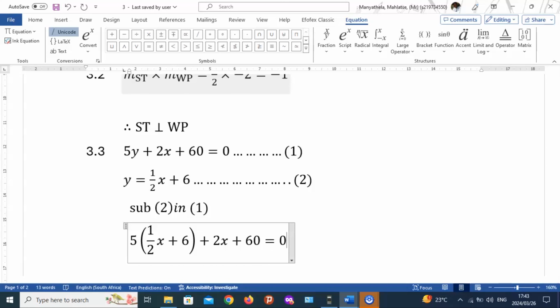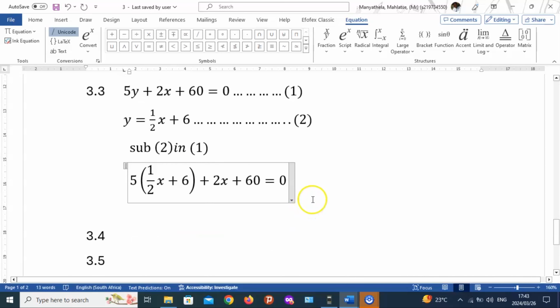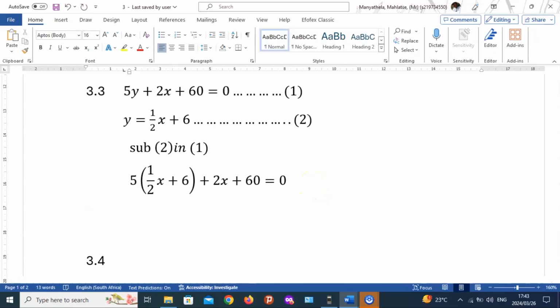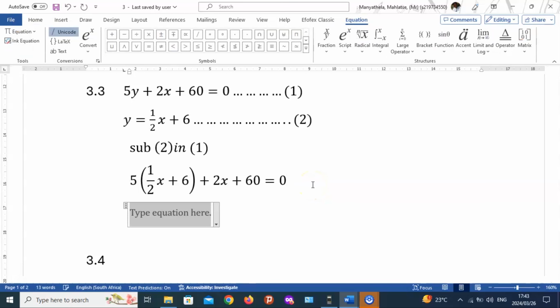So 5 times 1 over 2 will give us 5 over 2. Do not forget the x. We'll have 5 over 2x. 5 times 6 will give us 30, plus 2x plus 60 equal to 0.